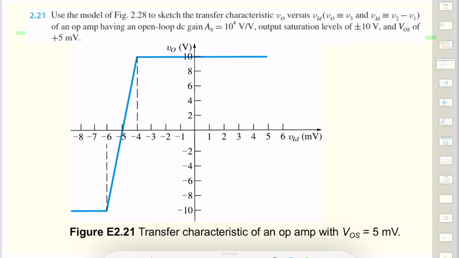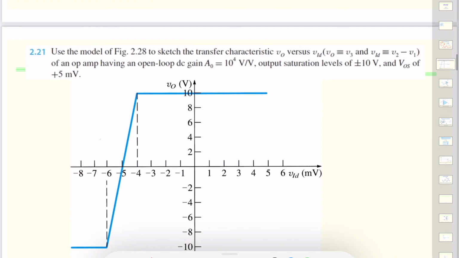We have very straightforward ways of finding the effect of VOS on the performance of op-amps. What we do is we short-circuit the input voltage signal, and the op-amp is replaced with the model shown in this figure.